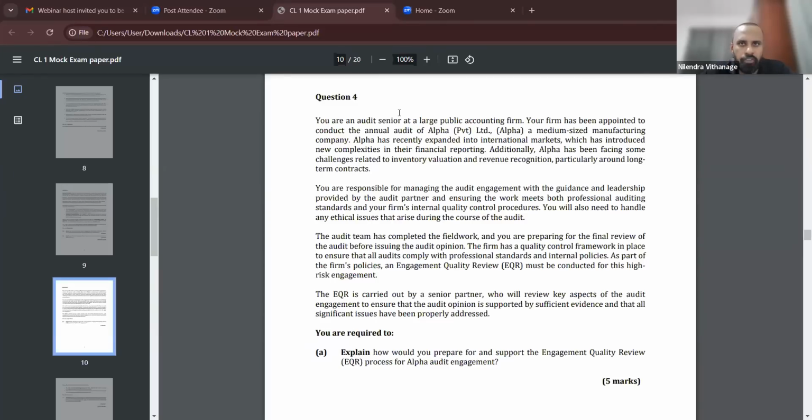In order to perform and support the engagement quality review by the quality review partner, the following actions should be taken.